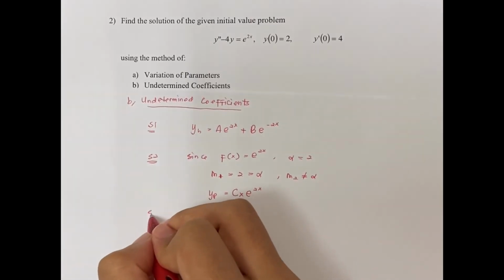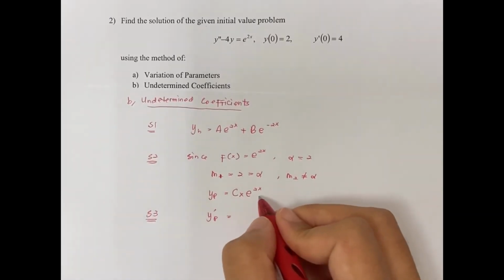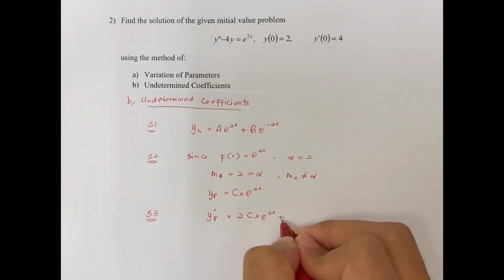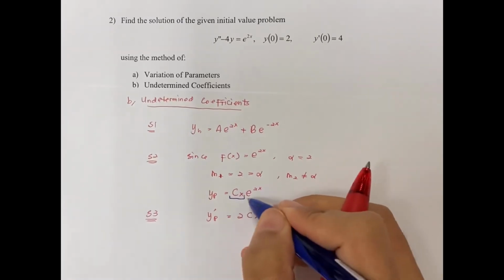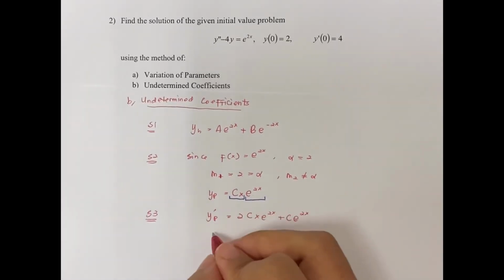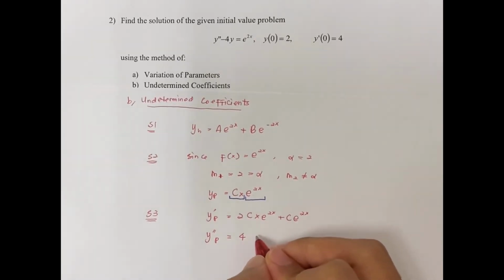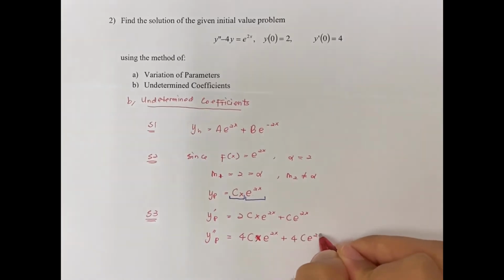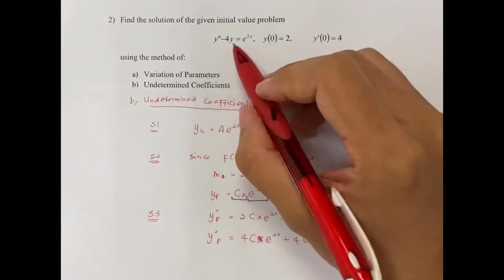Okay, and the third step, you find what is y prime P. Y prime P here, you have 2 C x e^(2x) plus C e^(2x). Remember, this is a product of u and v. And then from y prime P, find what is your y double prime P. So y double prime P is equal to 4C x e^(2x) plus 4C e^(2x). Okay, substitute y double prime P and yP into this.